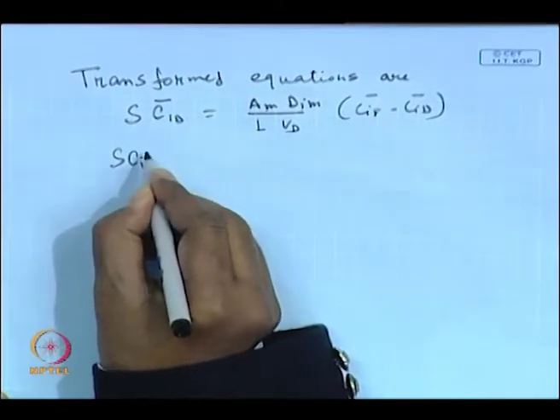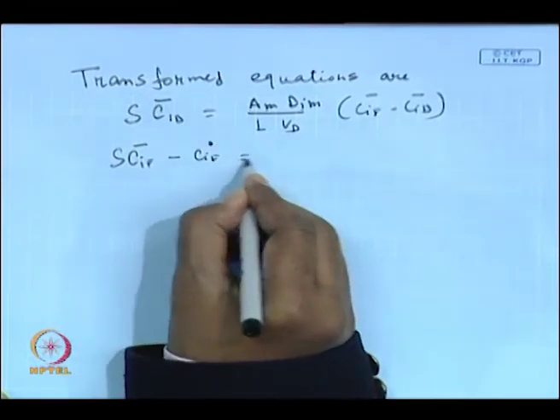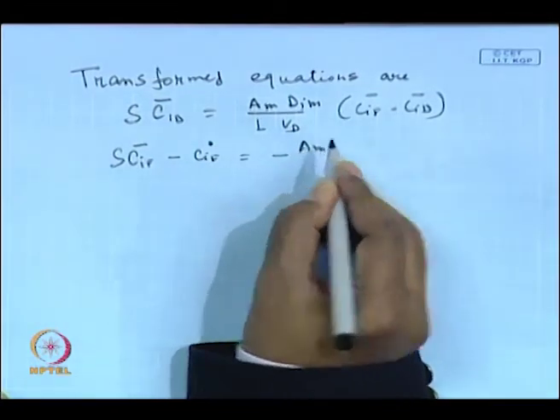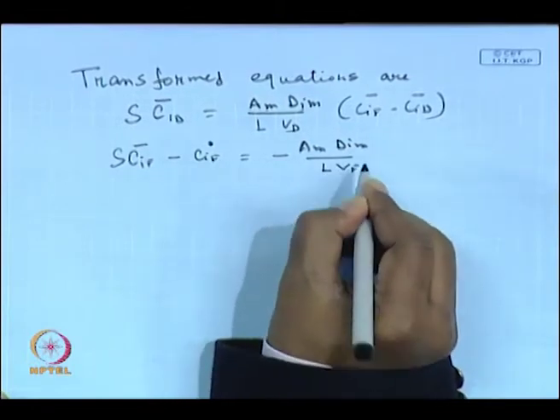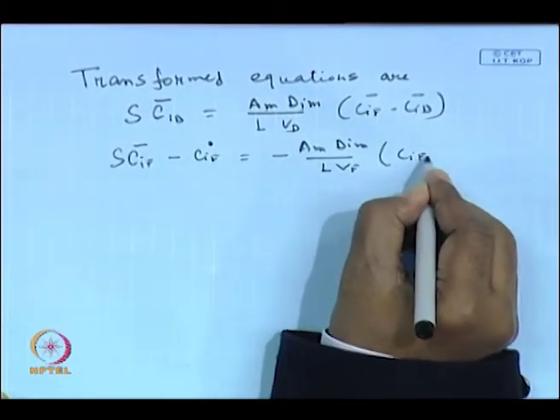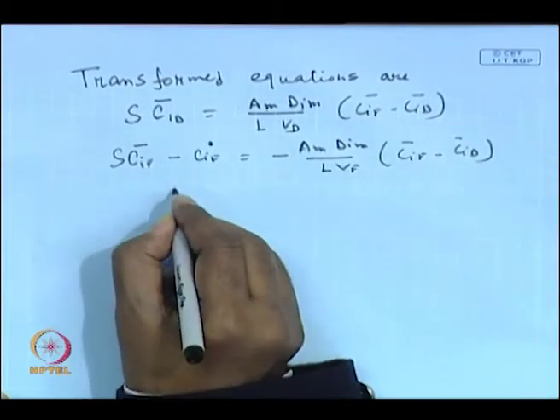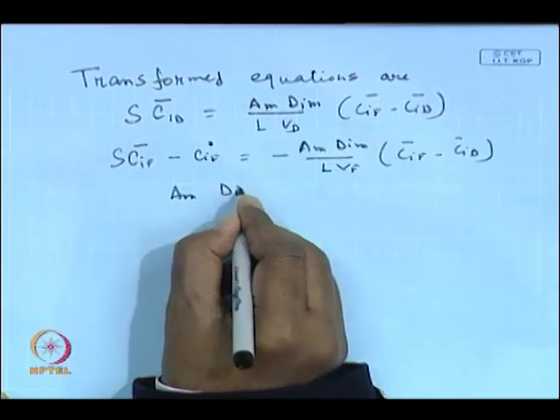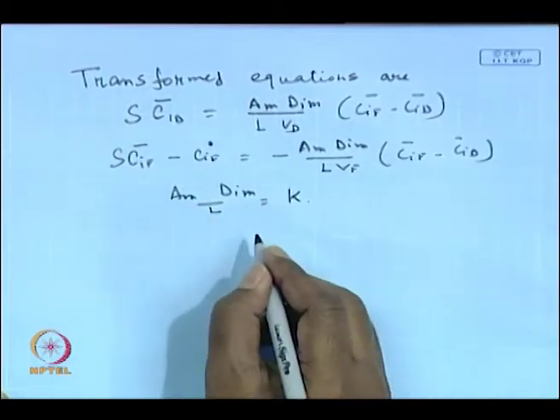s C_IF bar minus C_IF naught is equal to minus A_m D_im over L V_F times (C_IF bar minus C_ID bar). Now, let us assume A_m D_im over L is equal to K, some constant. Okay.